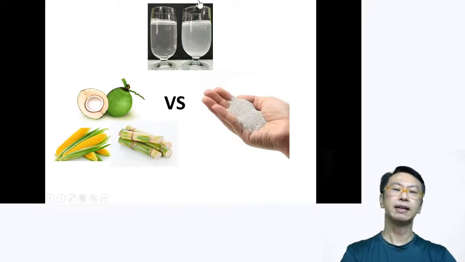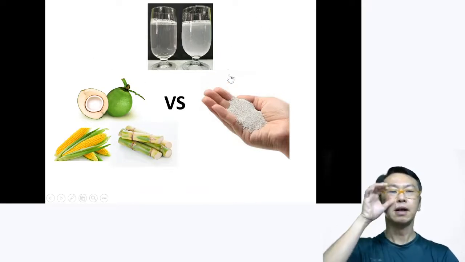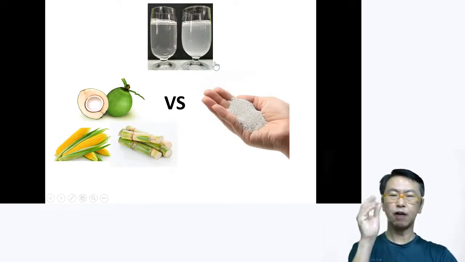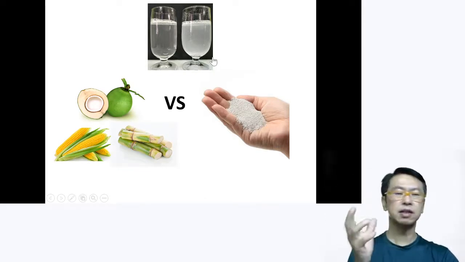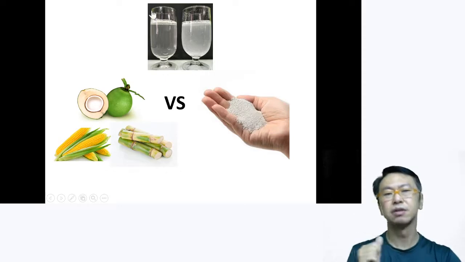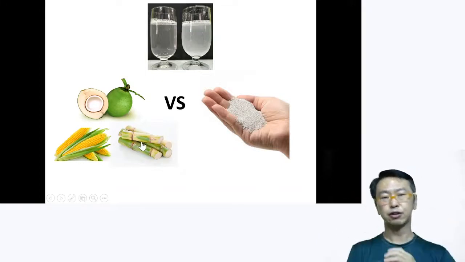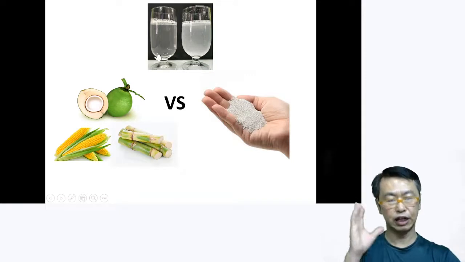When I did an experiment mixing it into these two glasses, this is zeolite, it becomes very cloudy. No matter how you stir, the cloudiness is still there, because these are all dust particles, whereas ours is made from enzyme, from coconuts, maize, and even sugarcane. It is very natural, so our water is clear.